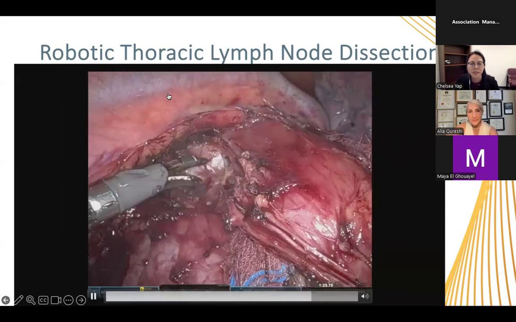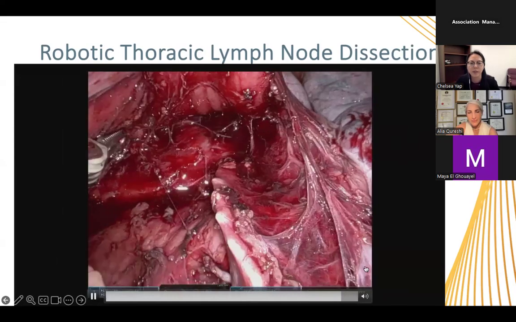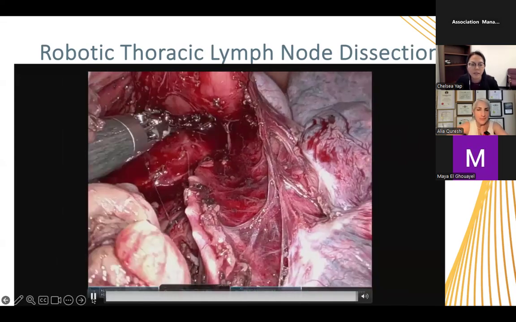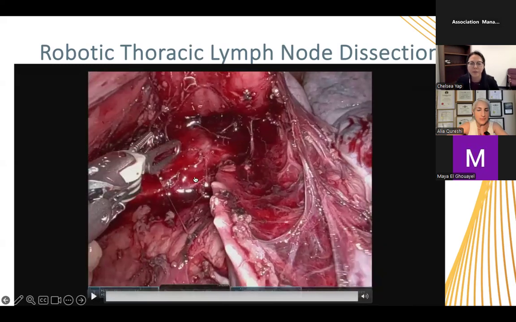You can see the esophagus is reflected upwards here in the video. And you can see the airway right here and here.